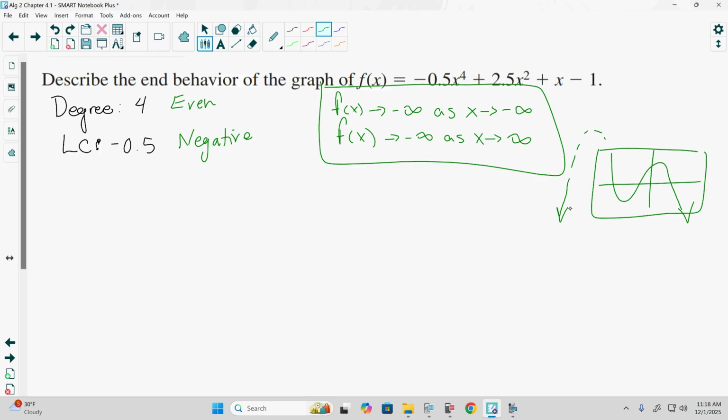F of x is going to negative infinity in both directions. So f of x approaches negative infinity as x approaches negative infinity. And f of x, the y value, approaches negative infinity as x approaches infinity. As I go to the left and right, as x gets bigger and x gets smaller, the y value should both go down. They should both approach negative infinity.